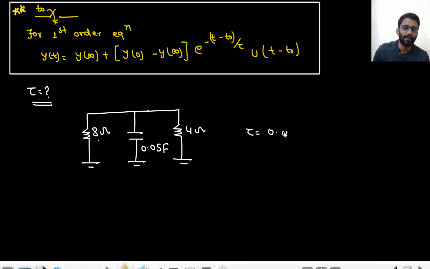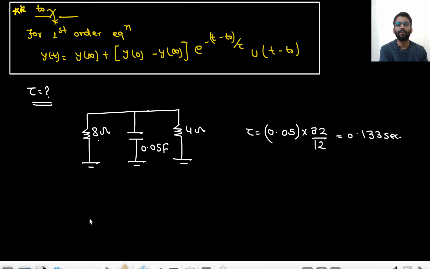So 0.05 into the parallel of 8 and 4, that would be 32 by 12, into 0.05. So it would be 0.133 second. Okay, so this is my time constant.